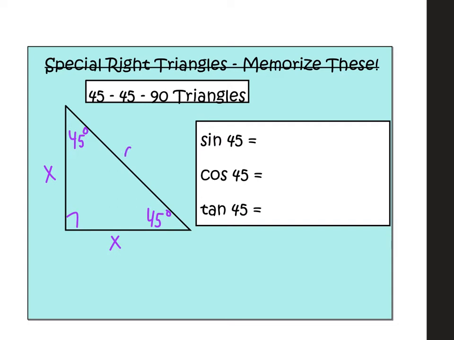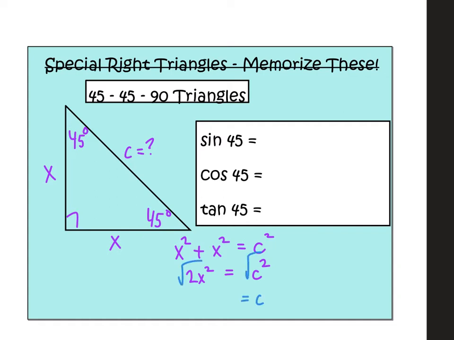So the hypotenuse over here, how does it relate? Let's again use the Pythagorean theorem, which says a squared plus b squared equals c squared. Simplifying, x squared plus x squared is 2x squared equals c squared. And remember, we're solving for c, so we take the square root of both sides.